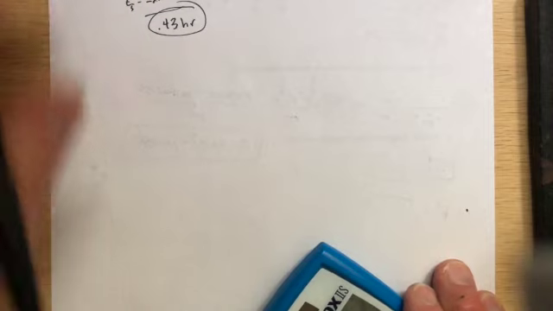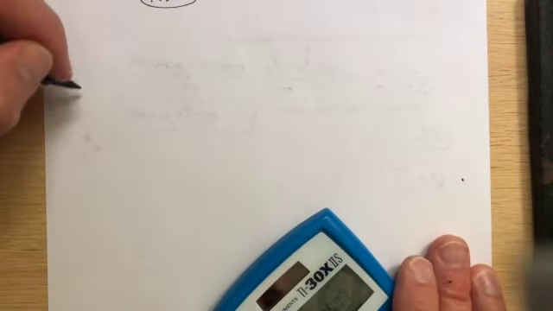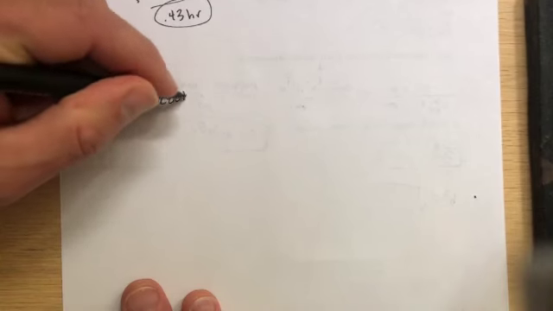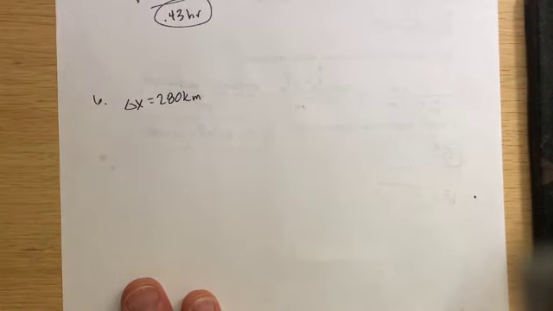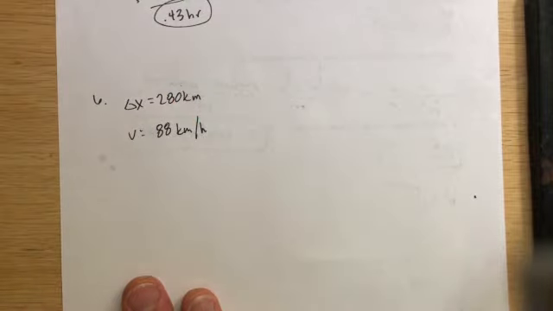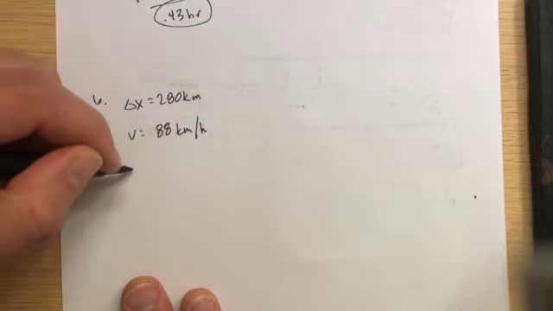And finally, number 6. Number 6 says a bus travels 280 kilometers south along a straight path. Okay, so we have a displacement of 280 kilometers south with an average velocity of 88 kilometers per hour to the south. The bus stops for 24 minutes.